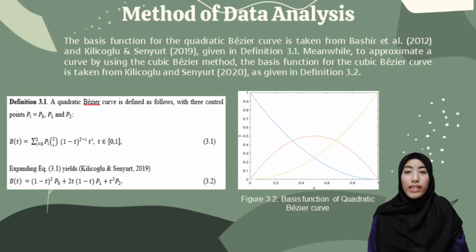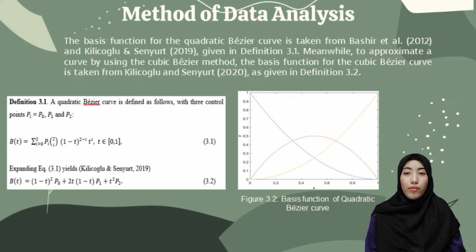Definition 3.1. A quadratic Bezier curve is defined as follows with three control points: Pi equal to P0, P1 and P2. B(t) equal to the summation from i equal to 0 to 2 of (2 choose i) times (1 minus t) power of (2 minus i) times t power of i, with t in the range of 0 to 1.